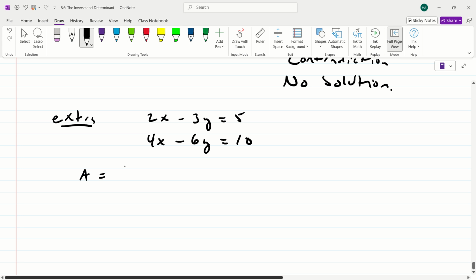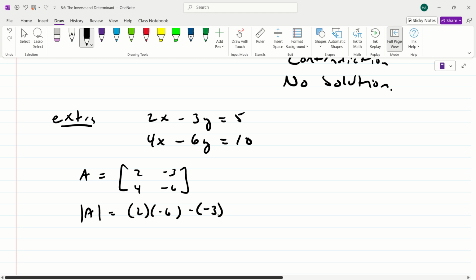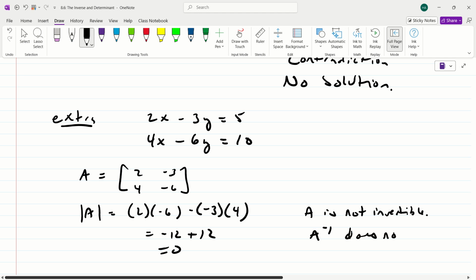Again, I can say let A be 2, negative 3, 4, negative 6. And I can compute the determinant of this to be 2 times negative 6 minus negative 3 times 4. So that's negative 12 plus 12. We get another 0. So A is not invertible, or in other words, A inverse does not exist.